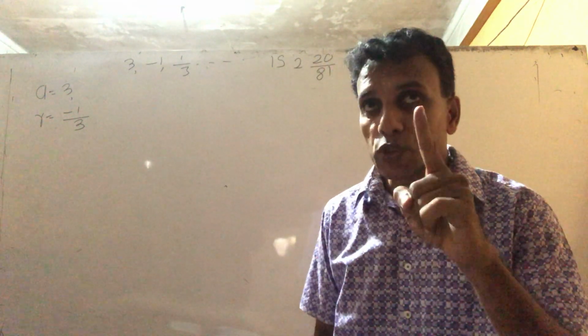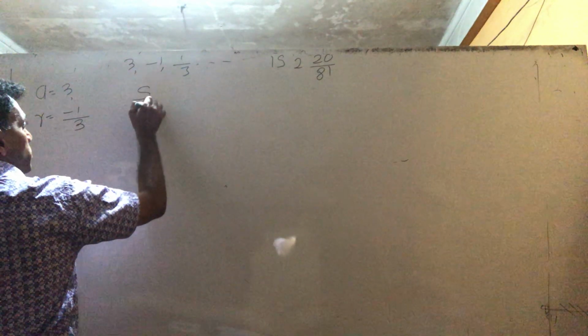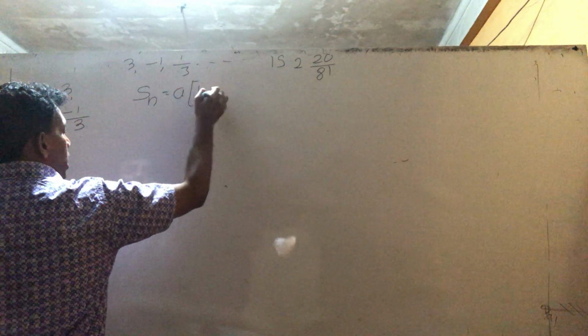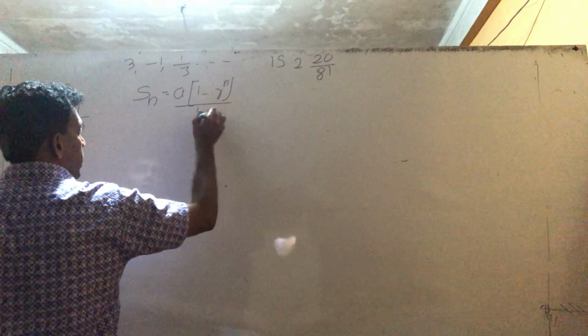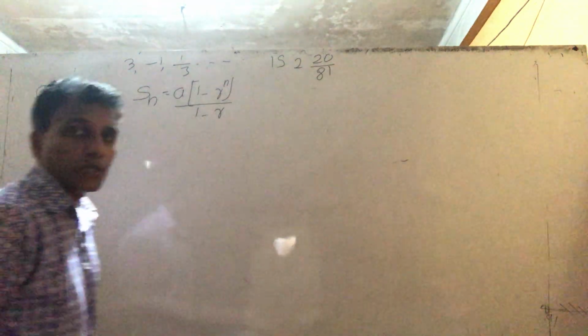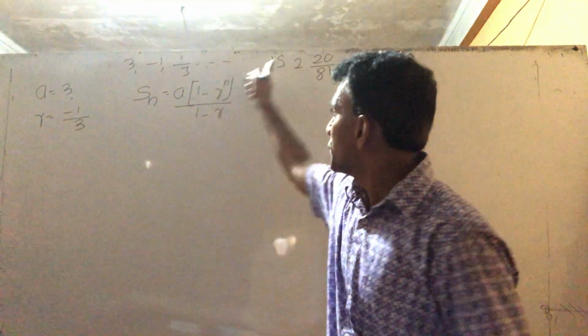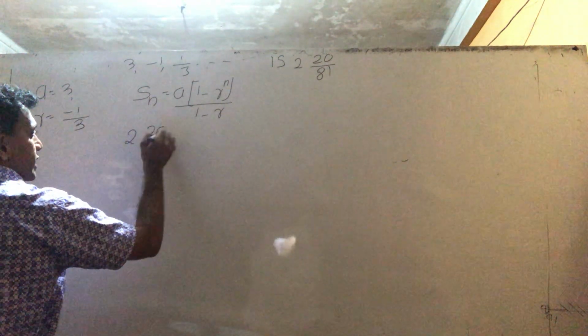So there is a more suitable formula. Sn equals A 1 minus r to the power n over 1 minus r. So here Sn is provided, particular term summation is mixed fraction, 2 of 20 over 81.